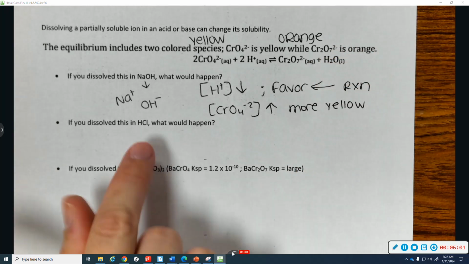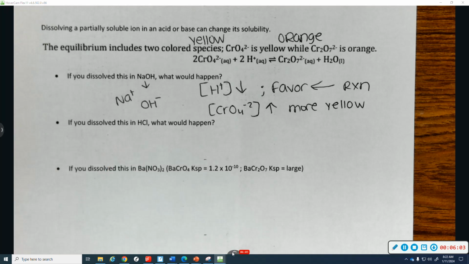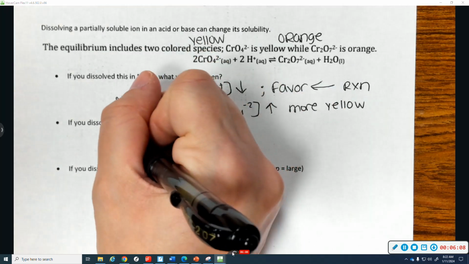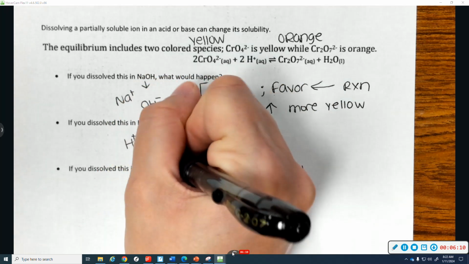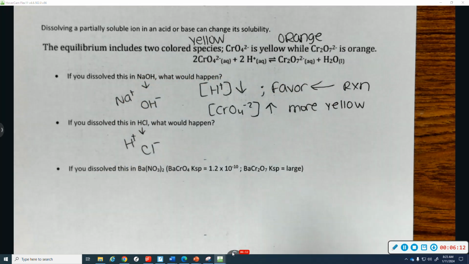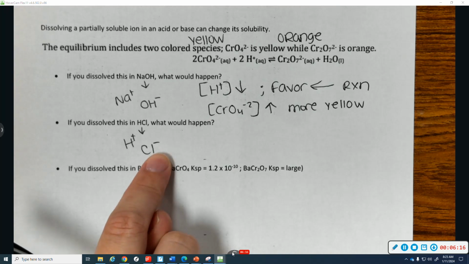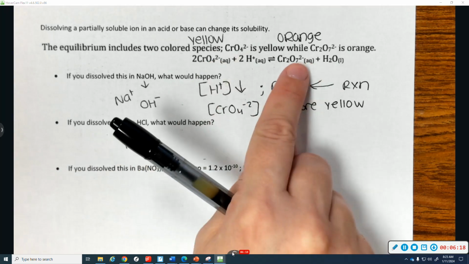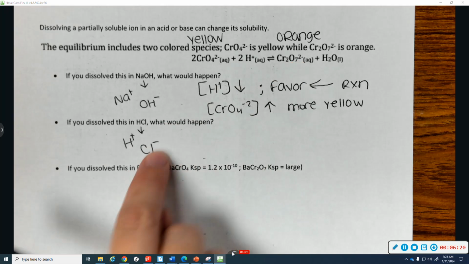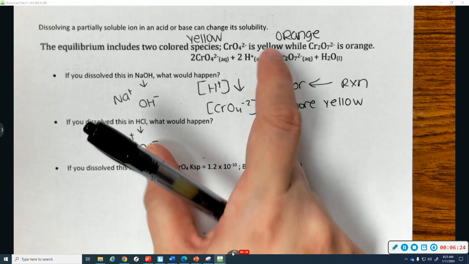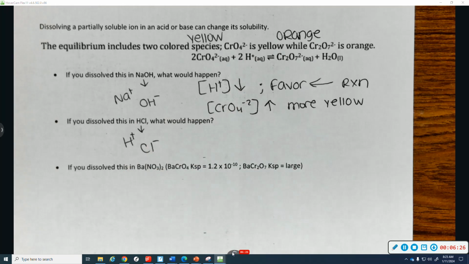So if I dissolved this in an acid like HCl, again, you have to recognize HCl is a strong acid. So hydrogen ions, chloride ions. Chloride ions are not going to interact with those, because H and Cl from strong acids stay separate.